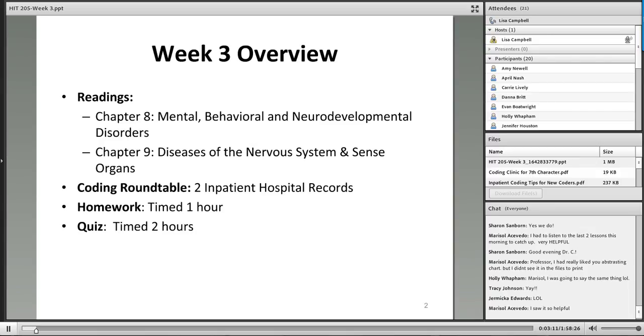And the focus of this class is on ICD-10. So make sure that you pay close attention to the pages in the chapters that you are supposed to be reading. Also, don't forget, if there are guidelines related to the activities for the week, you want to ensure that you are reading those guidelines as well.